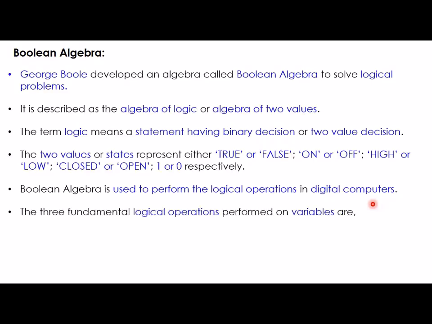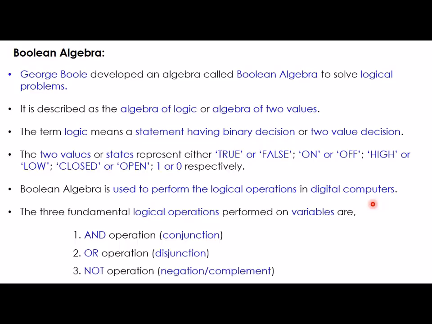Those logical operations are: one is the AND operation, which is also called conjunction; one is the OR operation, which is also called disjunction; and one is the NOT operation, which is called negation or complement.